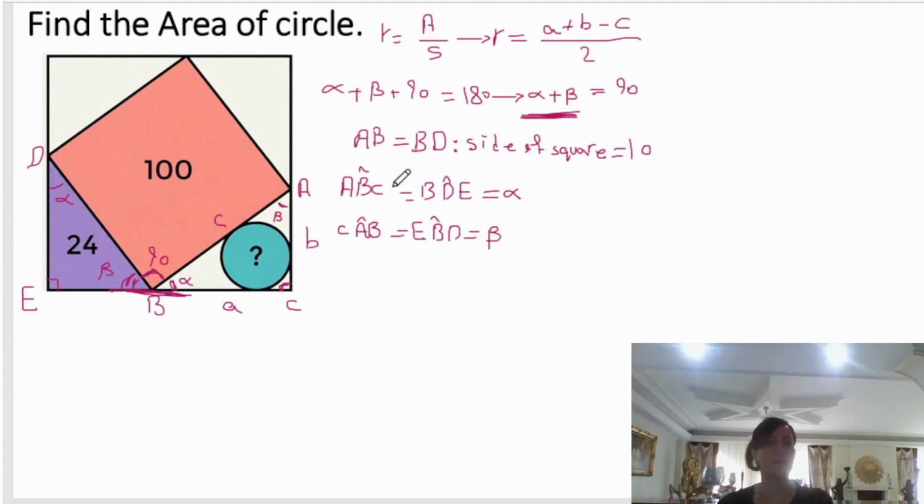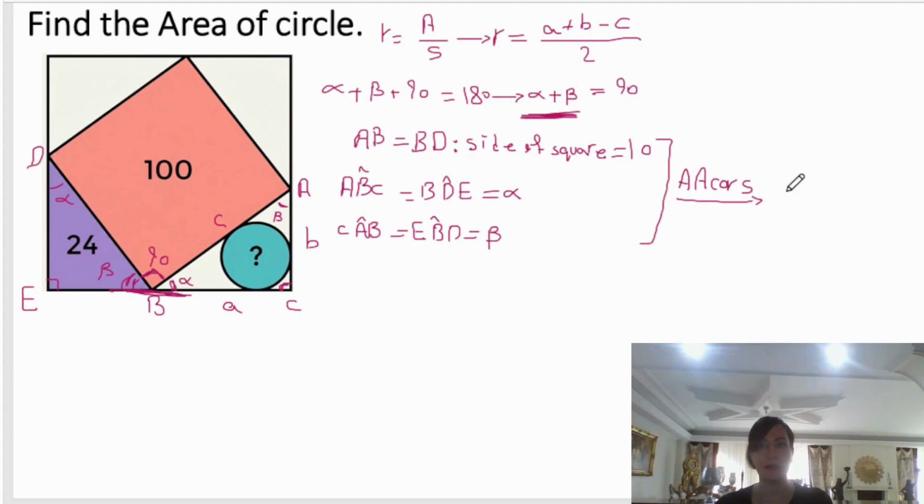These two angles are equal, so I could prove with two angles and the side between two angles. That means a corresponding side, a corresponding side.